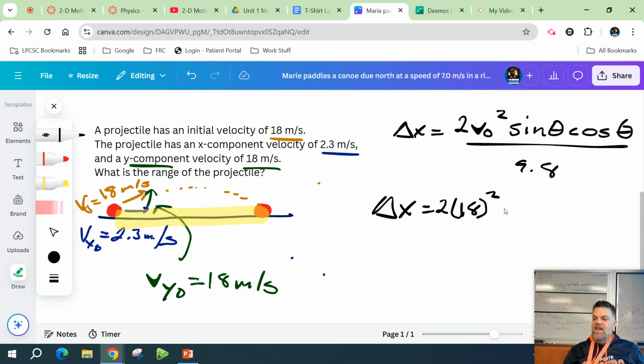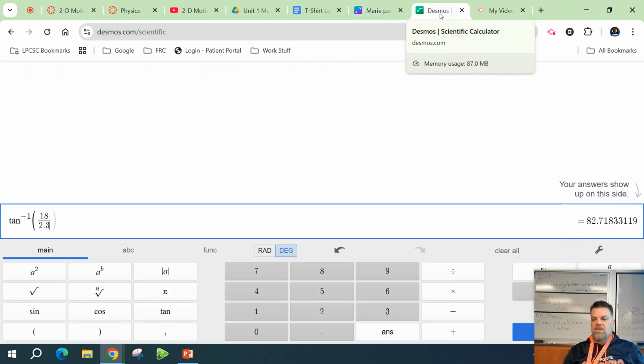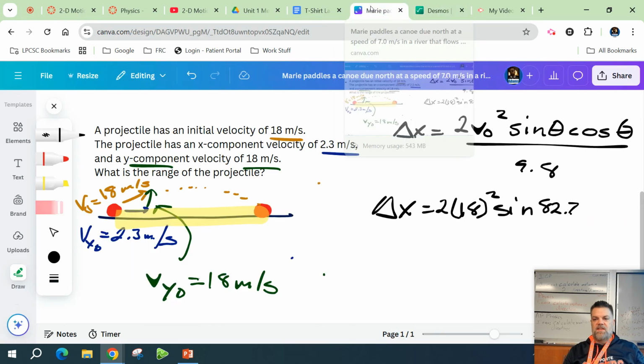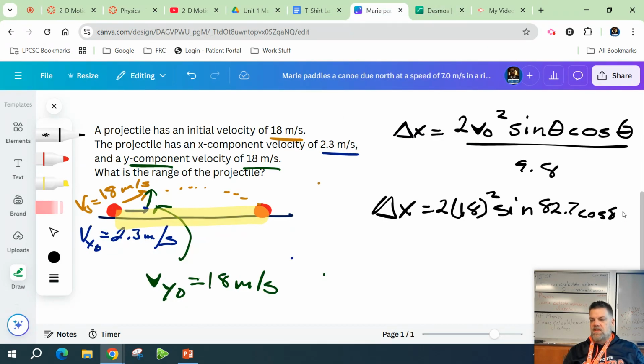Sine of 82.7, but that kind of makes sense. Was it 82.7? Yeah, 82.7 times cosine of 82.7 divided by 9.8.